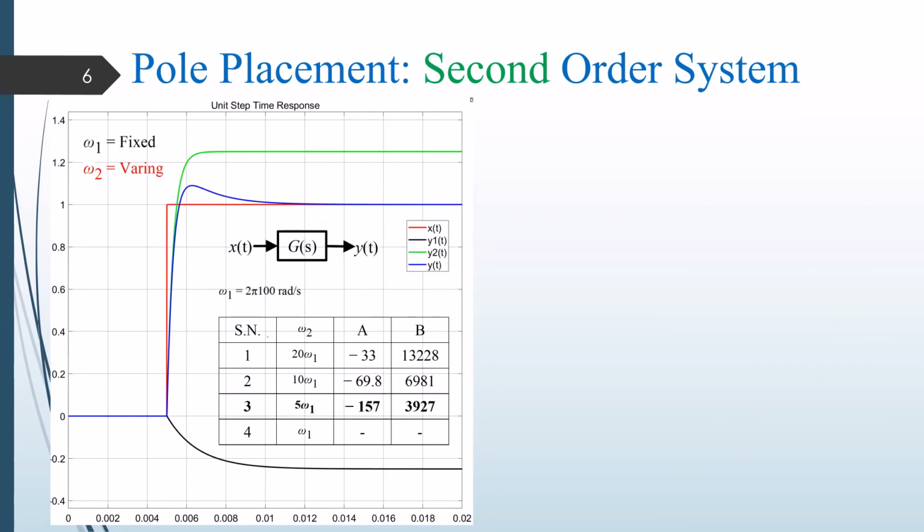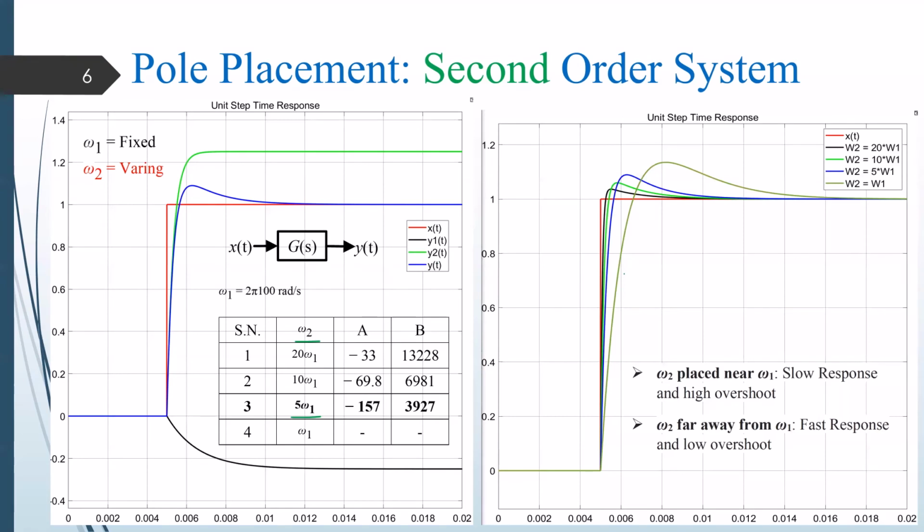This is another example of step time response where omega 2 is equal to 5 times omega 1. In this waveform also you can clearly see that the output response due to the omega 2 eigenvalue is faster. In this waveform, we have the results for all the cases listed in this table.